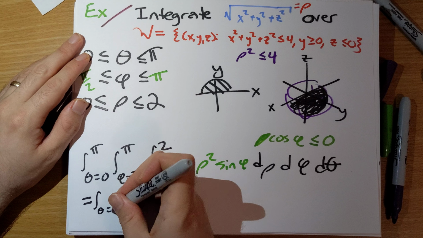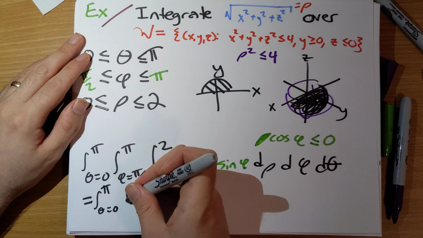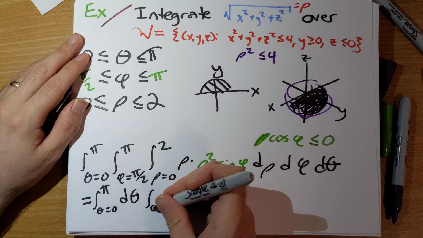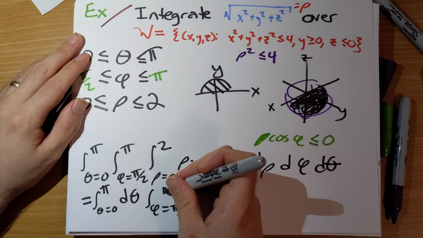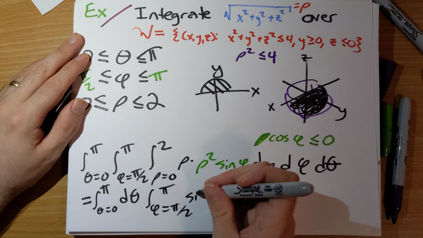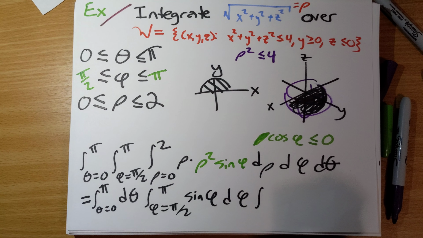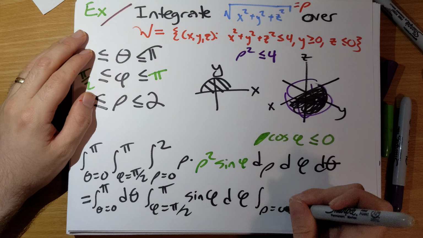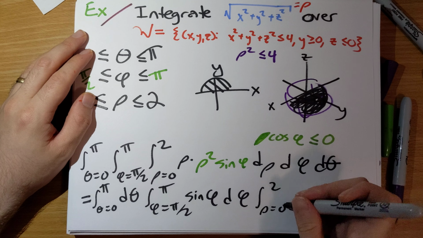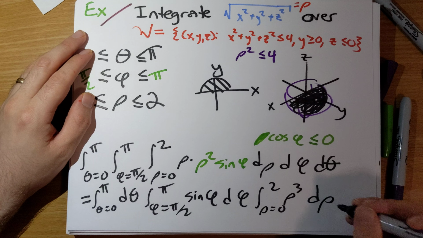Okay, so theta runs from 0 to pi d theta. Phi runs from pi over 2 to pi of sine phi d phi. And rho runs from 0 to 2 of rho cubed d rho.